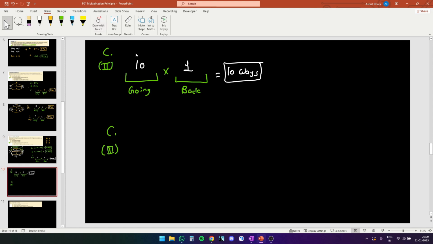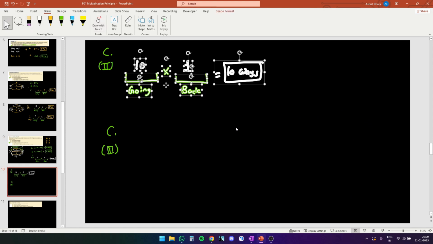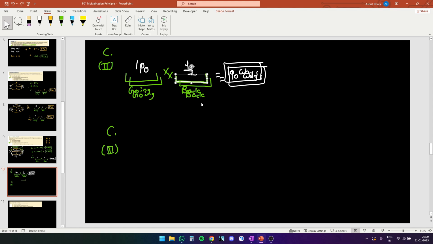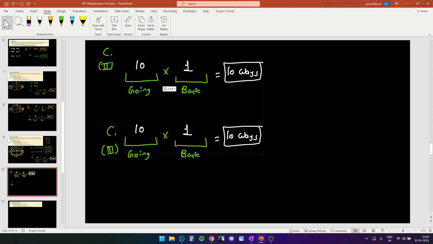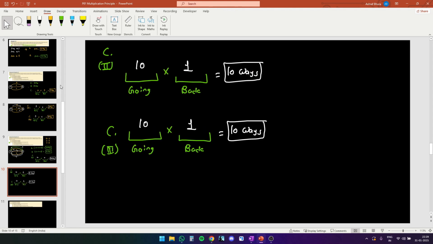If I am having 10 ways to go, while coming back I cannot choose the same way which I have already chosen. So while going I will be having 10 choices, but whatever I have selected is not applicable. So while coming back I will be having only 9 choices. So the answer becomes 90 ways.